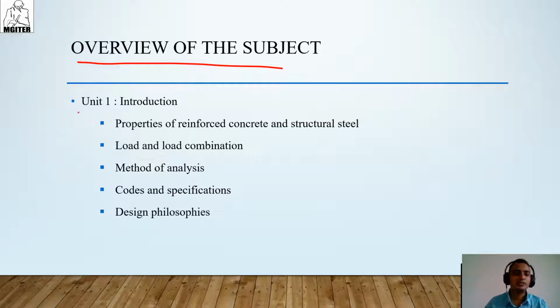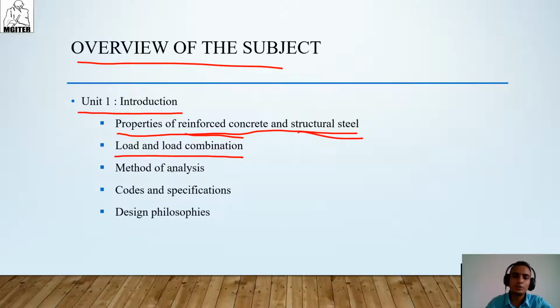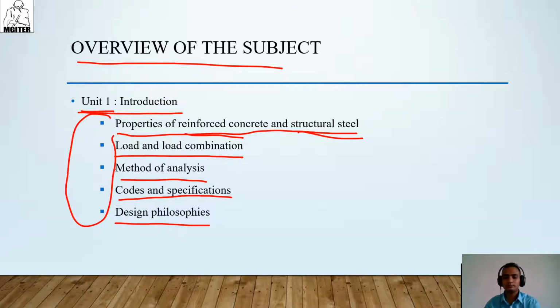In unit 1 we have the properties of reinforced concrete and structural steel, then load and load combination, method of analysis, codes and specification and design philosophy. So these are all in unit 1.